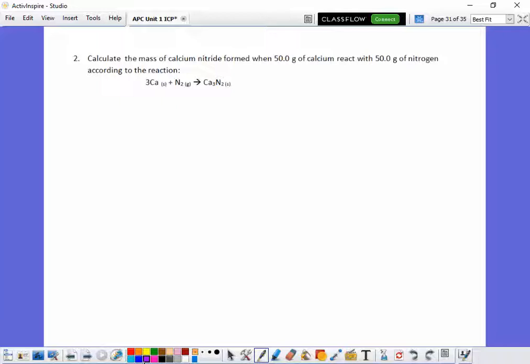Okay. So we are told that we have 50 grams of each reactant, both calcium and nitrogen, that are reacted together, and we want to know how much calcium nitride can be produced. So for this, we're going to take the amount of both reactants and convert them to moles.